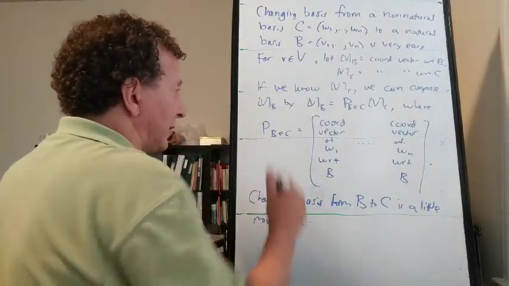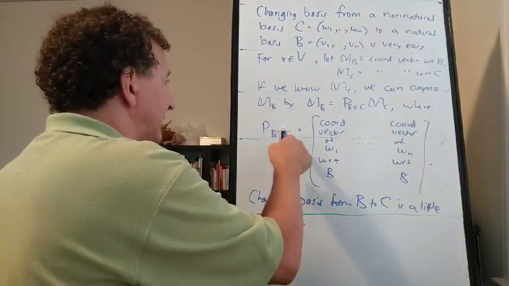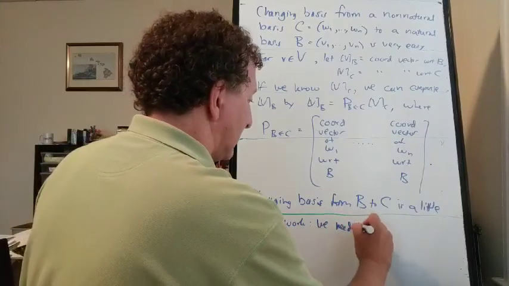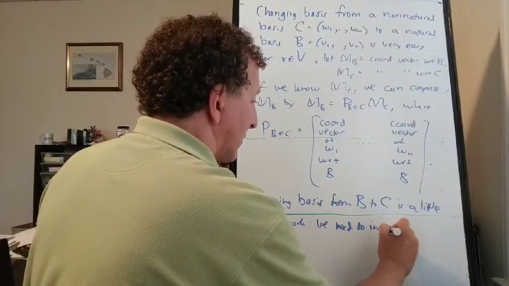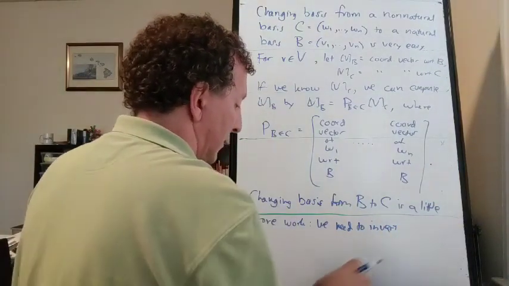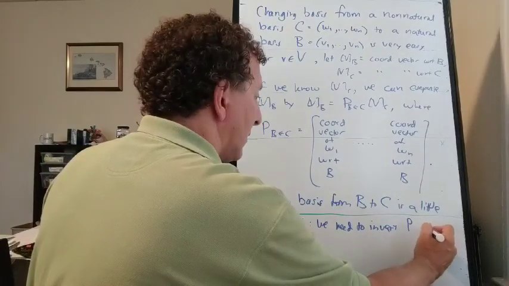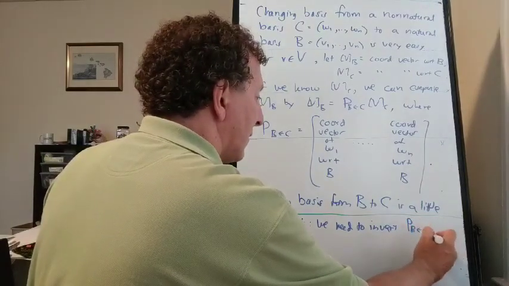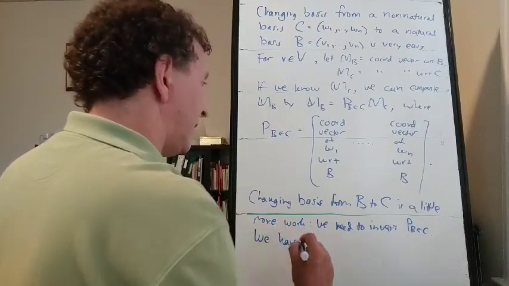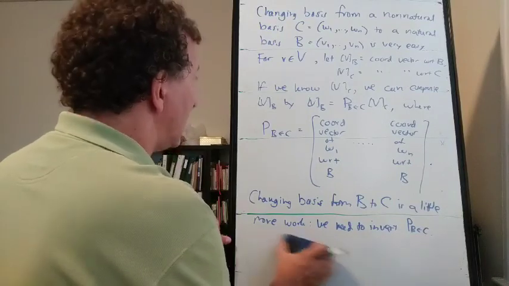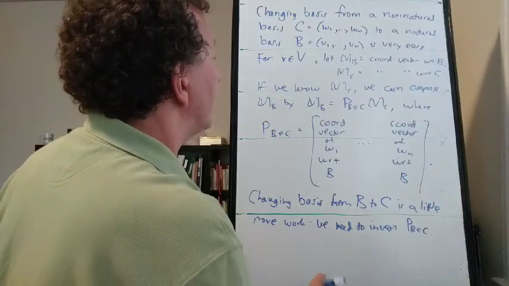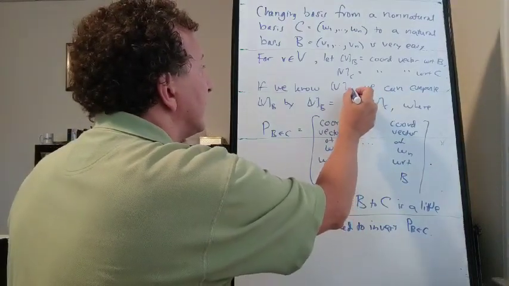In particular, we need to invert P_{C←B}. So in particular, we have, let's say, if we know the coordinate vector with respect to B, this is the coordinate vector with respect to C.